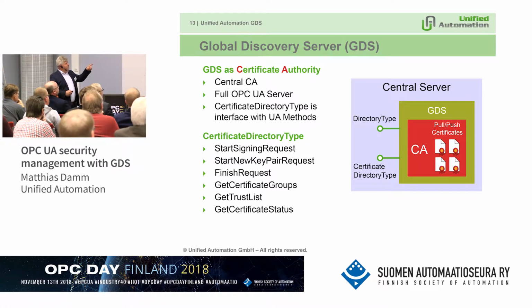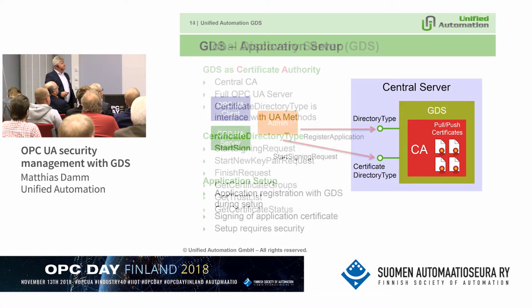An important thing is that in a CA's environment, you frequently need to update the application certificates. So there's also a method so that every application can check if a renewal of the certificate is necessary.